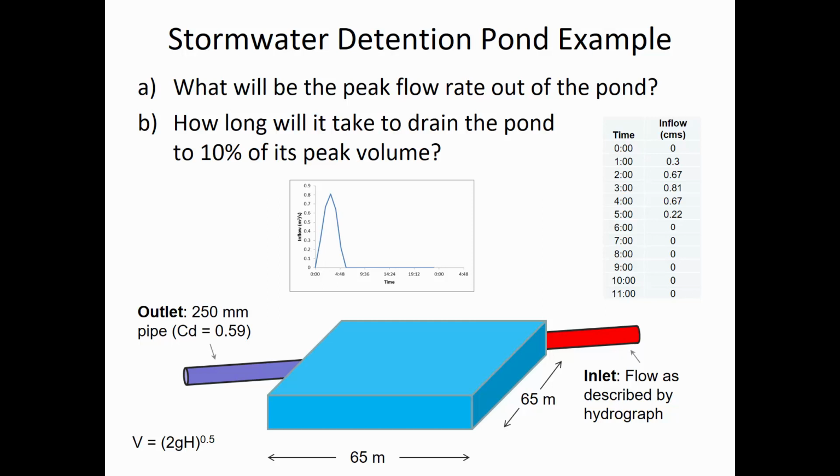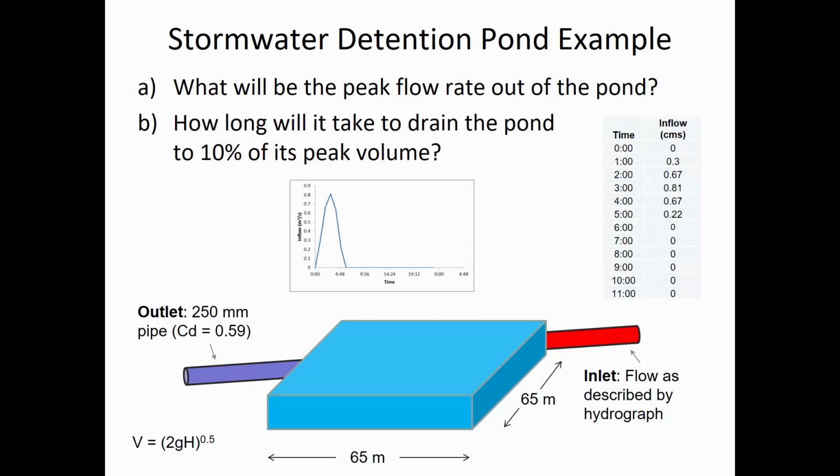It's sloped at the edges instead of being straight up and down. But just for simplicity, let's say we've got water coming in. Here's our inflow hydrograph in terms of cubic meters per second over time. And what we want to do is find out what is the peak flow rate out of the pond for a certain size pipe. We've got a 250 millimeter pipe, and we're using the orifice equation. V is the square root of 2gH.